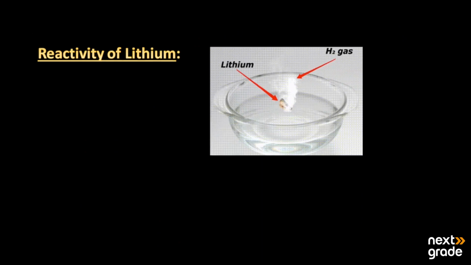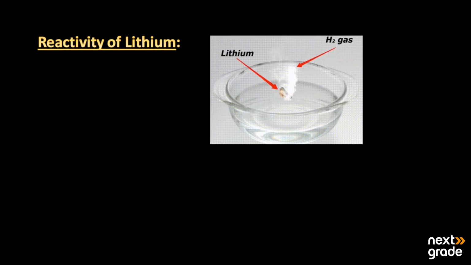Then we have the reactivity of lithium. When we talk about its reactivity, we see that lithium is the least reactive among the other elements of the group. What is the reason behind that? Lithium is much harder and also lighter than other elements.